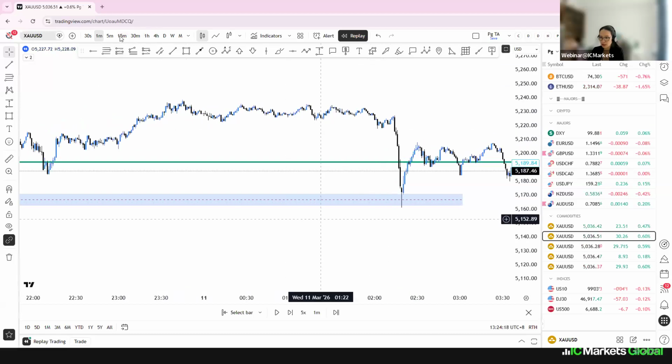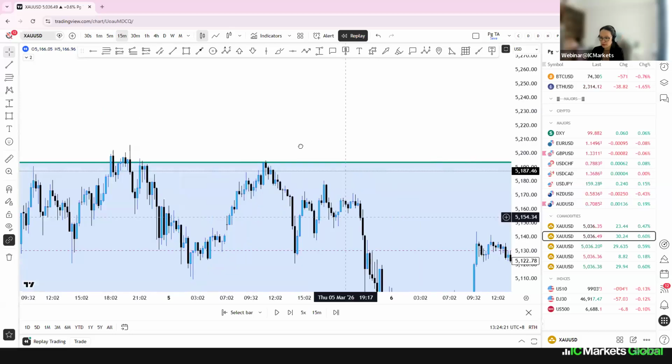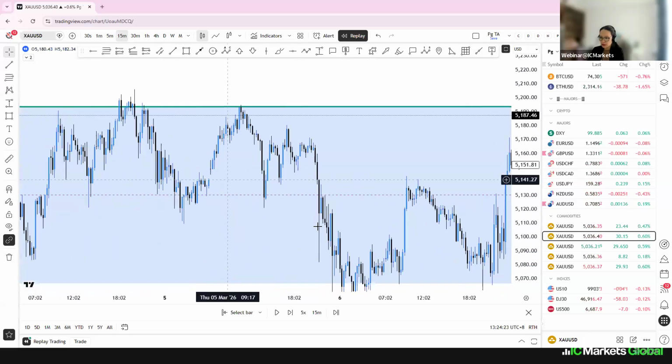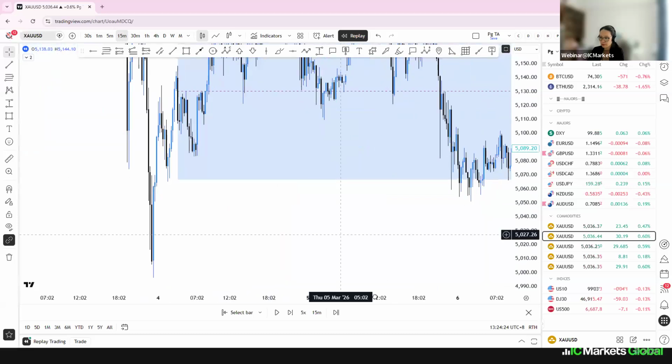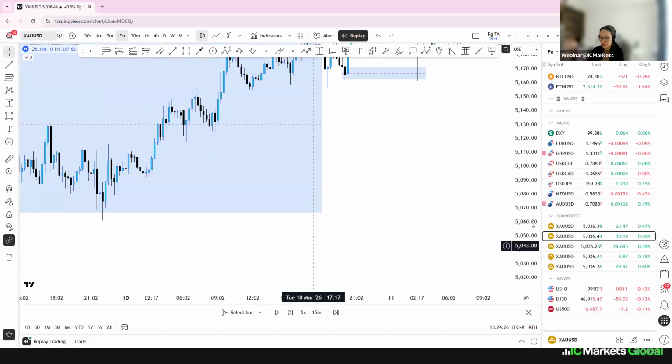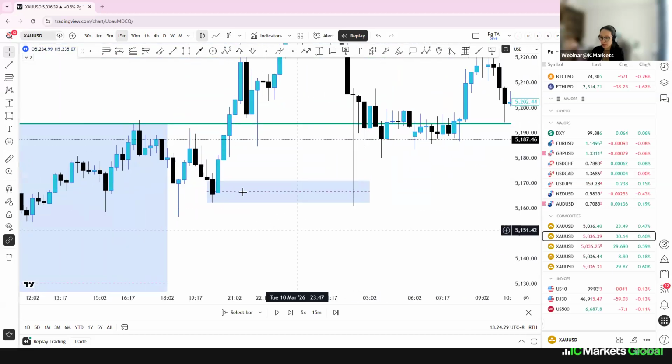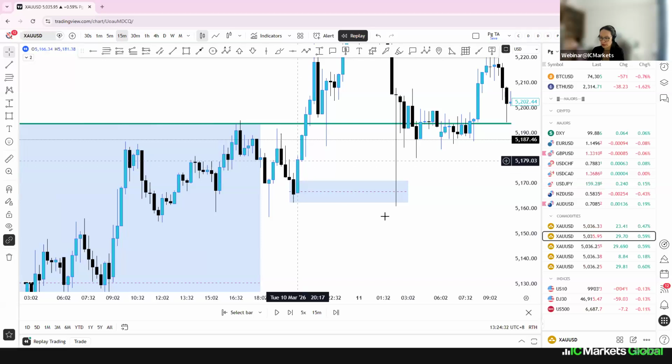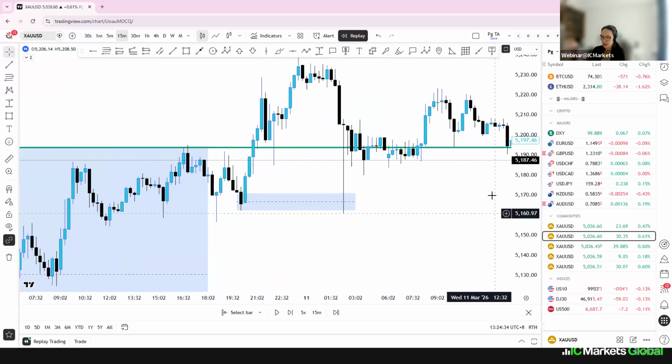You cannot see anything, but then you go to the M15 and you will see the bullish OB here at the support level, a strong candle. So your second buy entry is below here, at the OB.